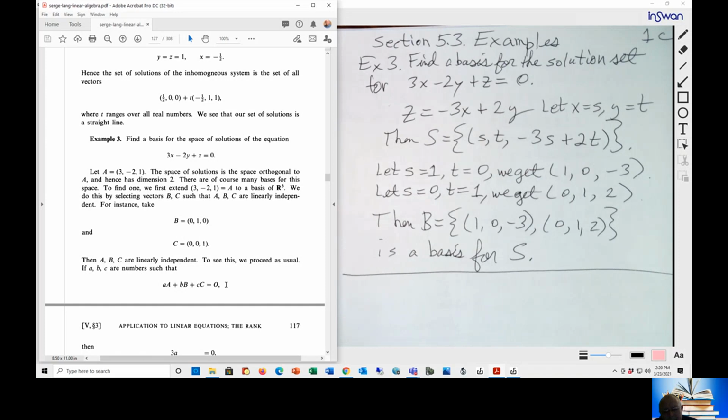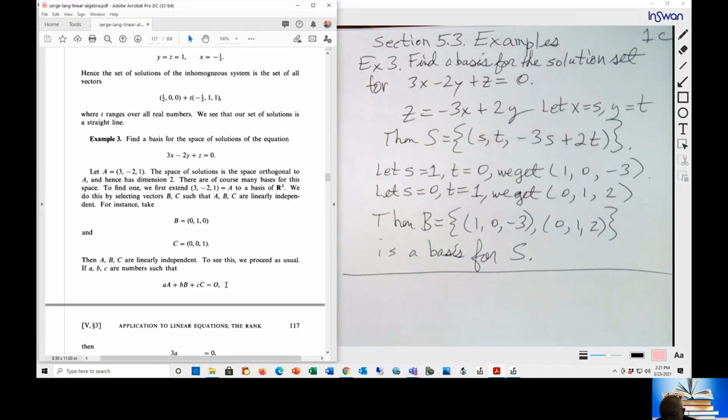Well, I only have one equation, so I can solve that equation for x or for y or for z. I typically solve it for z. So solve the one equation for z. You'll notice that z is negative 3x plus 2y.